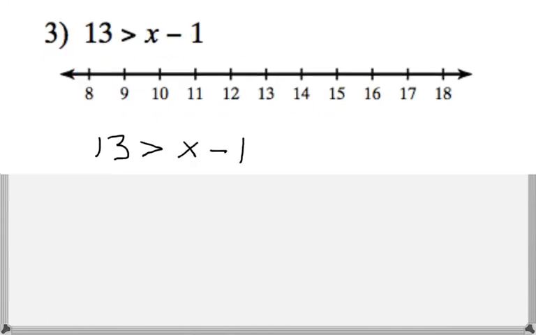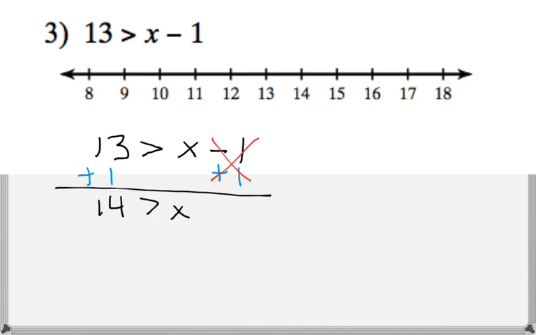Here we have 13 is greater than x minus 1. What's preventing the x from being by itself? That negative 1. So we undo negative 1 by adding 1 to both sides. Over here on the left, 13 plus 1 gives us 14 is greater than x. Negative 1 plus 1 cancels out.